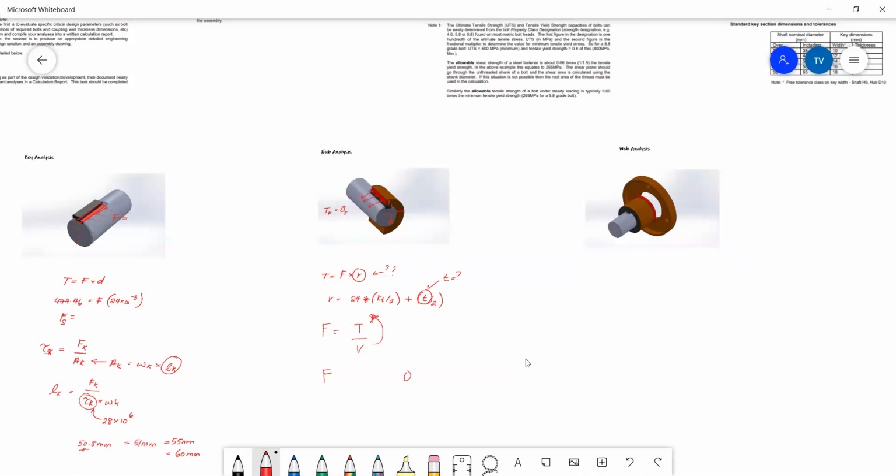Again, we have the tensile strength of the material, and this is mild steel, should be equal to the force applied divided by the area. This is the area of the hub, not force.